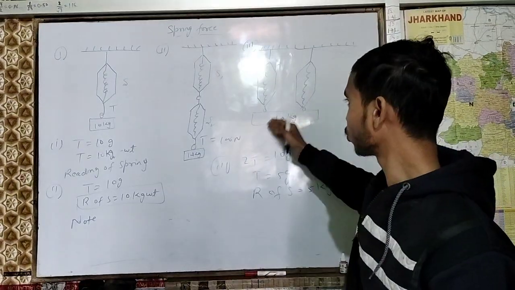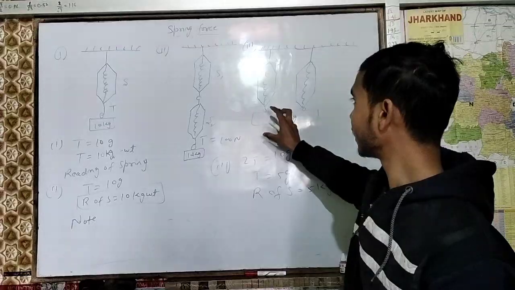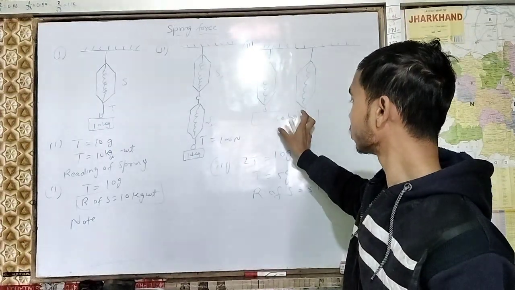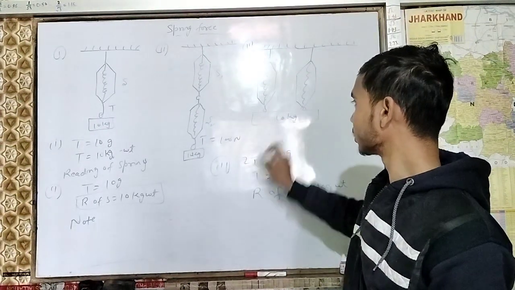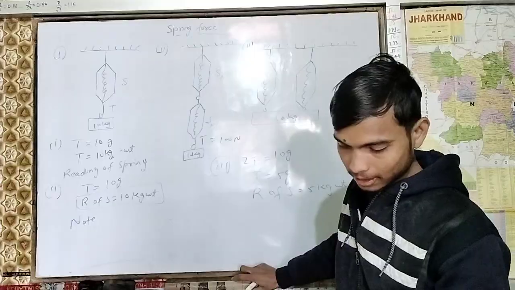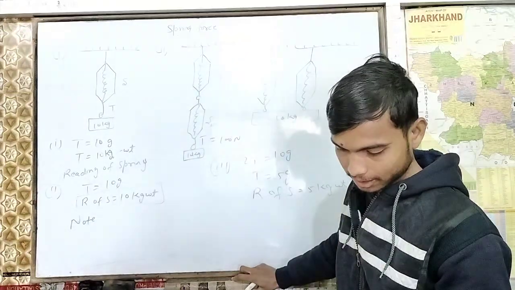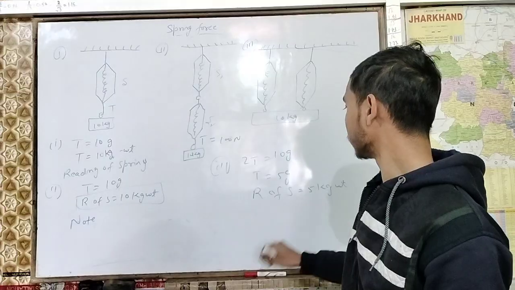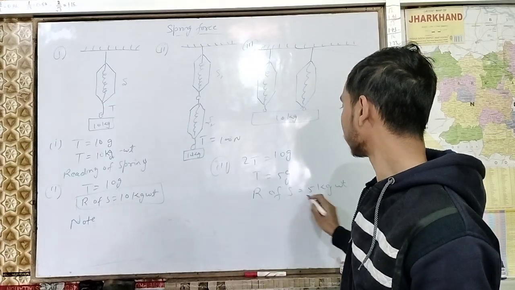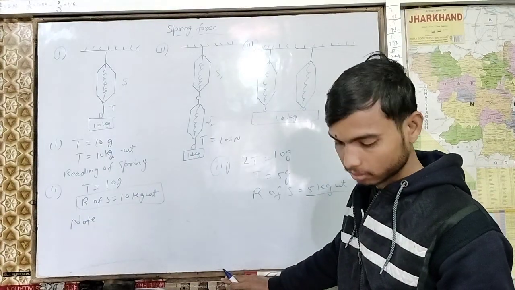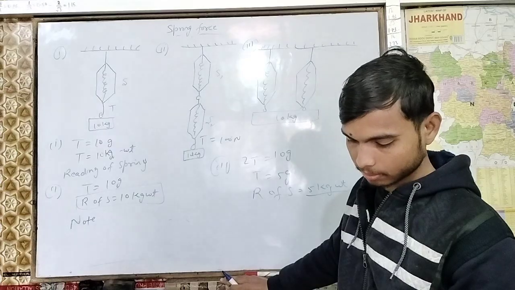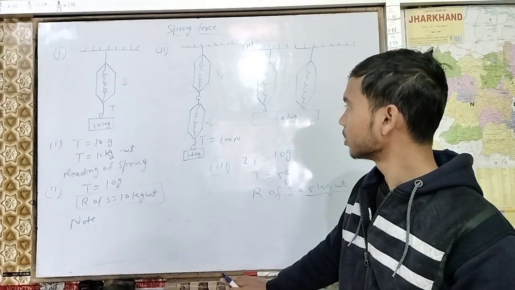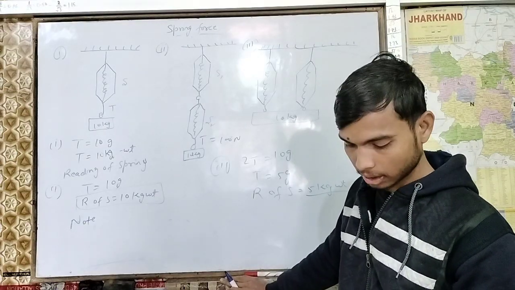There were two spring balances and the load of this object was 10g. So 10g upon the number of spring balances, then our reading of the spring came out as 5 kg. Clear?